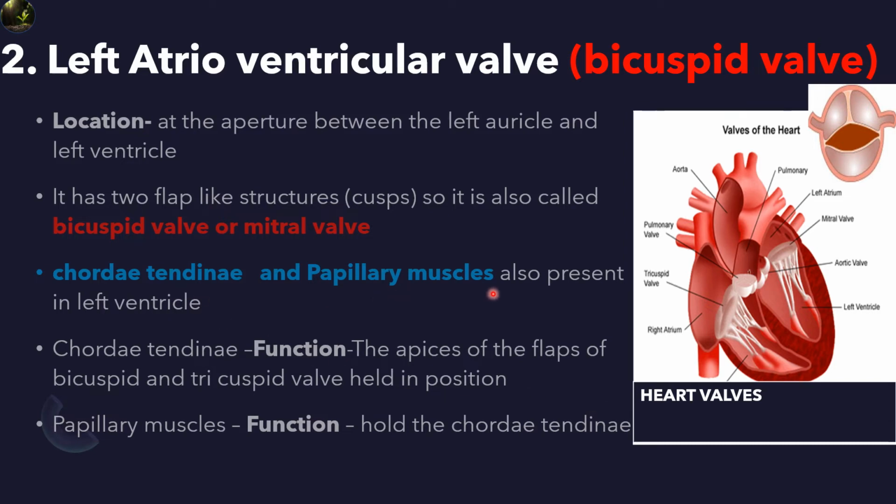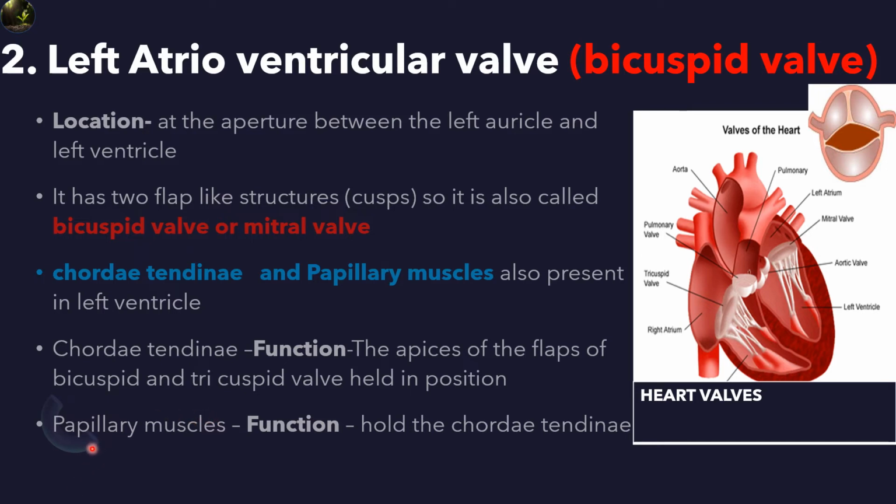Chordae tendineae and papillary muscles are also present in the left ventricle. Chordae tendineae hold the apices of the flaps of the bicuspid and tricuspid valves in position. That we already learned in the previous slide.